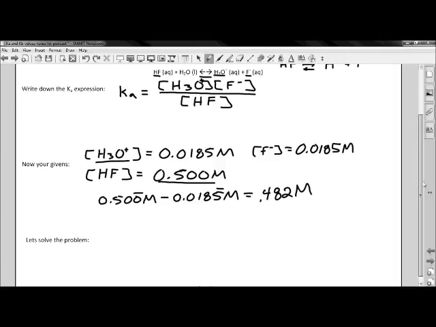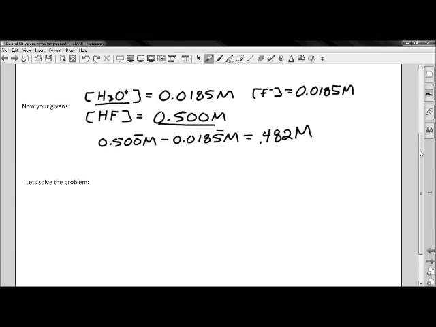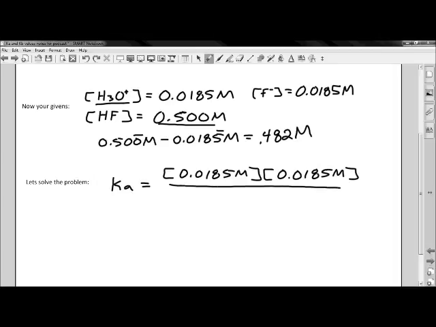So now what we can do is plug this all in to find out what Ka is equal to. So Ka equals, if you remember, our hydronium ion concentration times our fluoride ion concentration, which is going to be the exact same concentration, divided by our new hydrofluoric acid concentration.